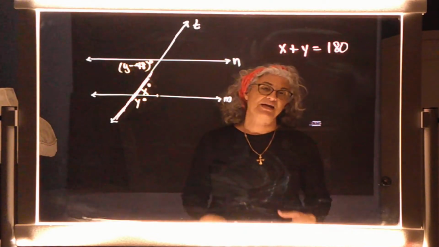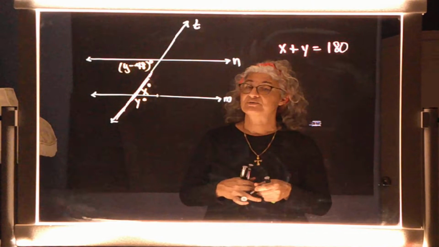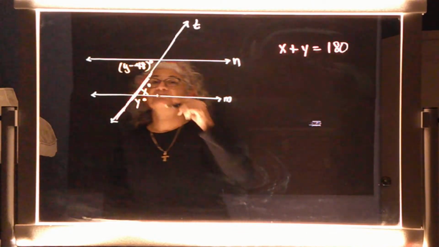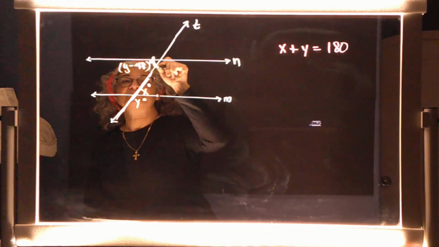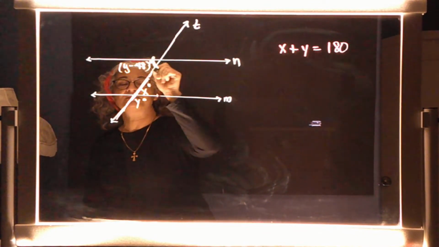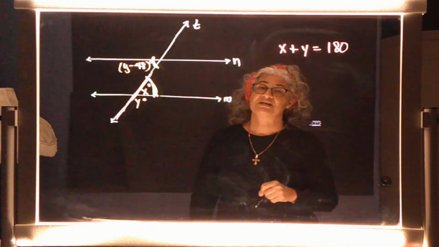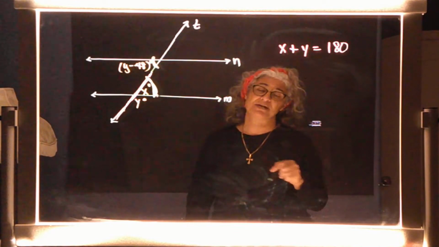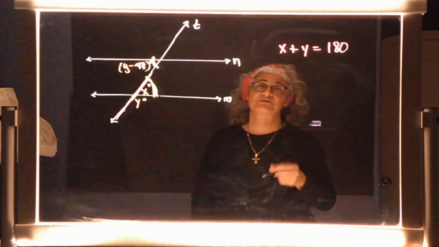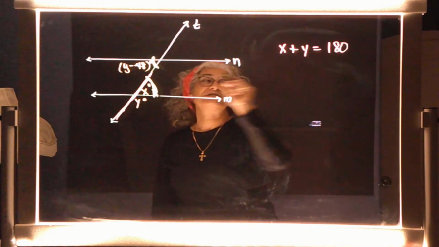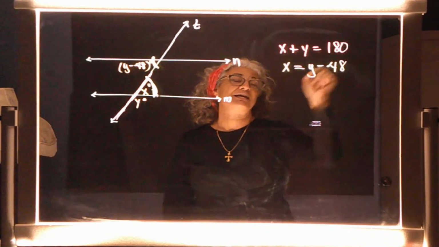The next one is banking on alternate interior angles. And the reason I say that is this. This angle right here, which is representing x or y minus 48, and this angle right here have the exact same measurement because they are alternate interior angles, which means this x is equal to y minus 48.